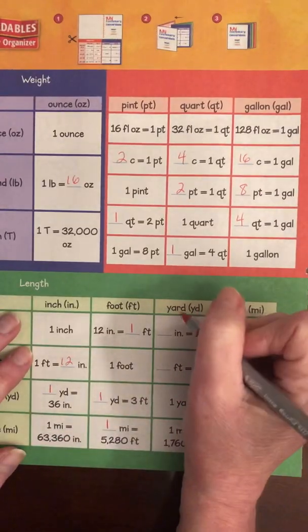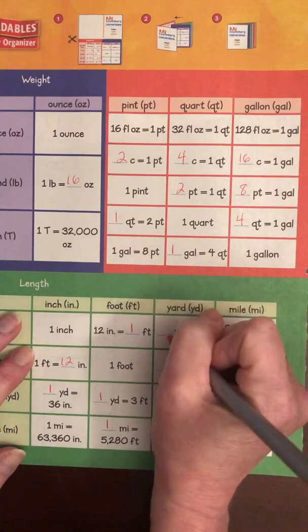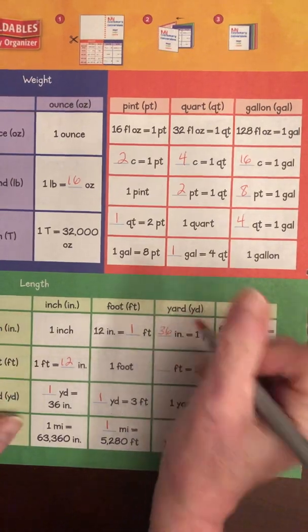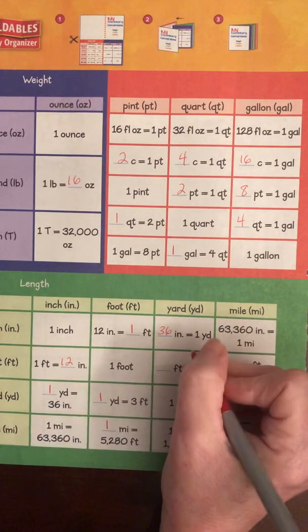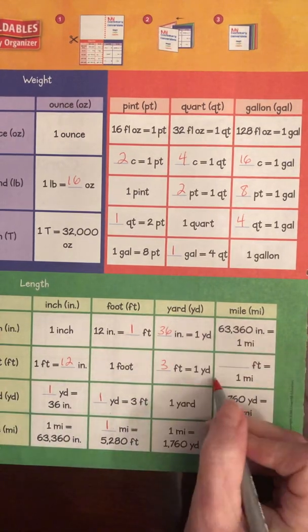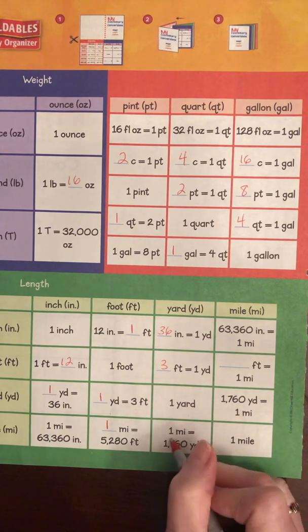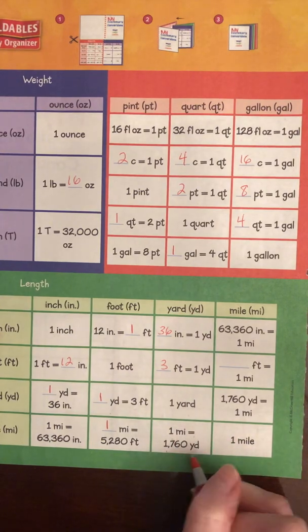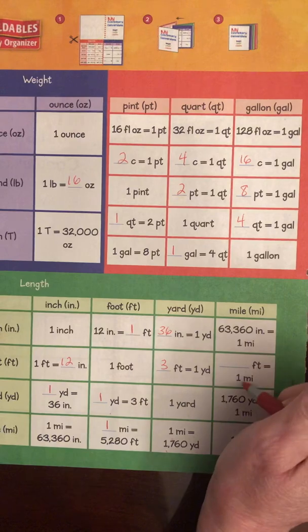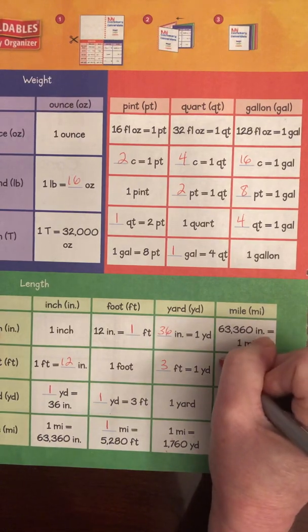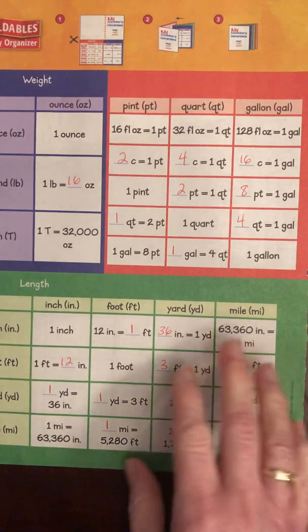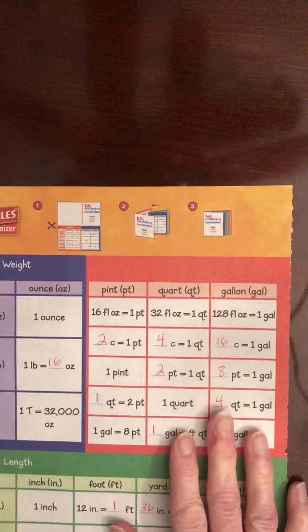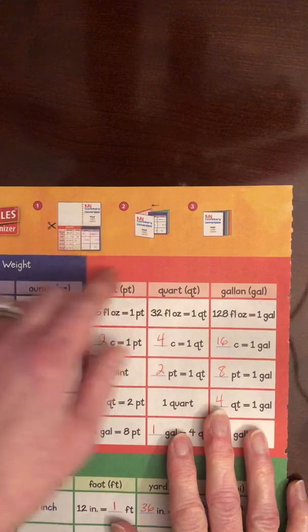Okay, now looking at yards, there are 36 inches in 1 yard. Going across here, 3 feet is 1 yard. Okay, 1 mile is 1,760 yards. Okay, how many feet are in a mile? That's 5,280.